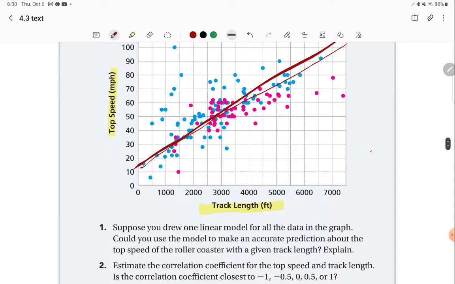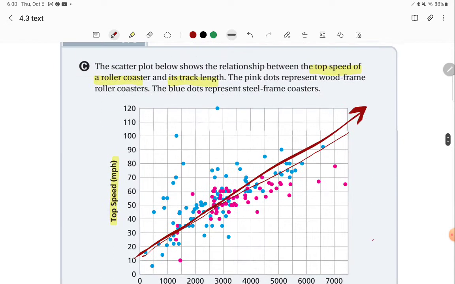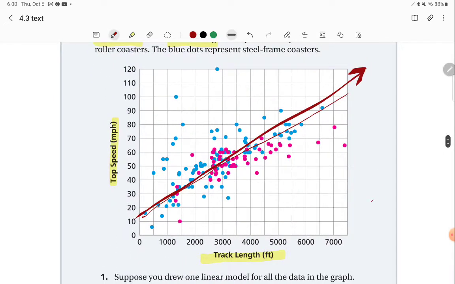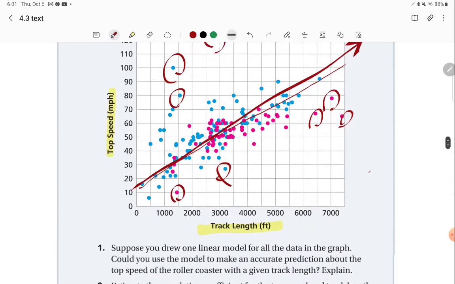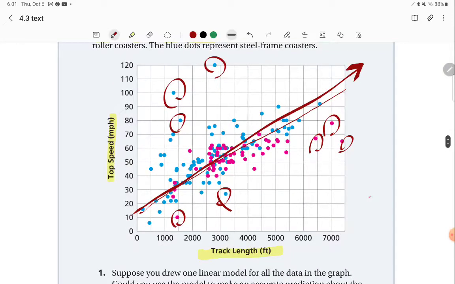It asks, could you use the model to make an accurate prediction about the top speed of the roller coaster given the track length? I would say on this one, no, because you have a lot of outliers. You have all of these points way outside. You could get an idea, but I would not say it's a very accurate depiction for a lot of these data points. It does have a positive correlation.